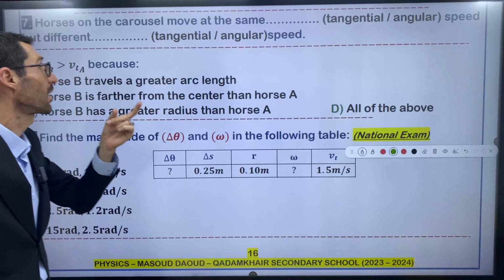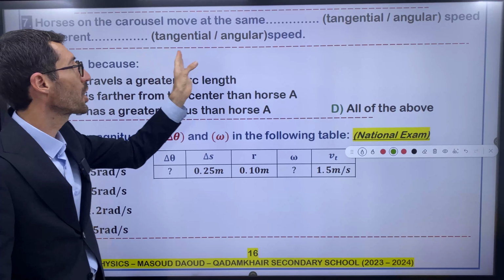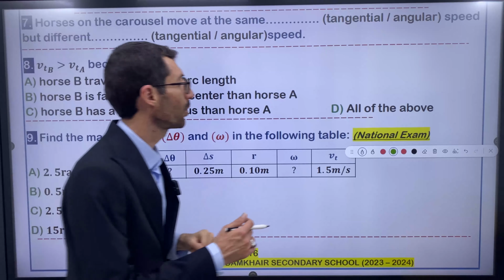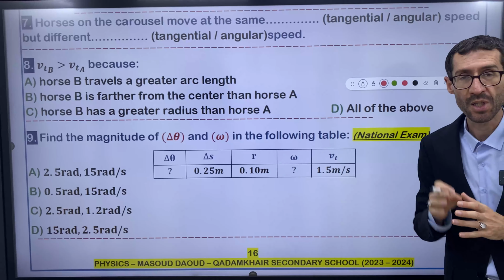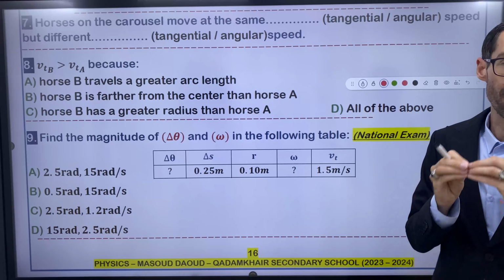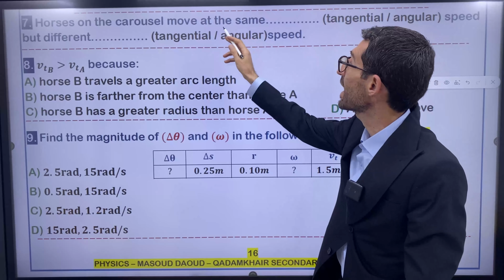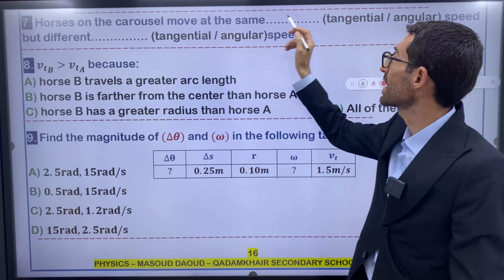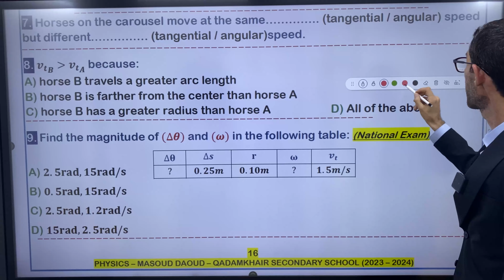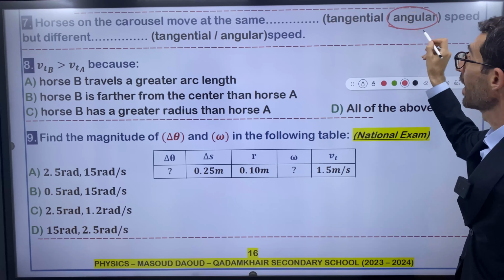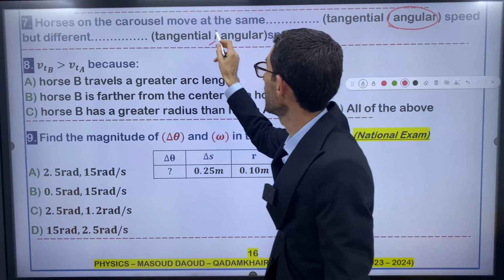Which one is correct? I'm sure you know the answer. I told you linear information differs, but angular information does not change. That's why horses on the carousel have the same angular speed, but different tangential speed.